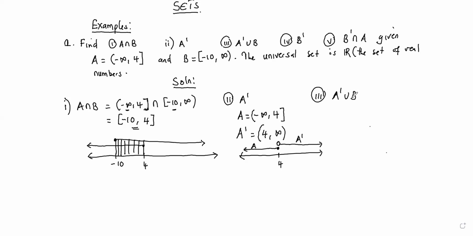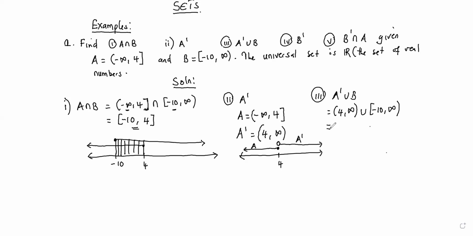So A complement has come out to be from 4 to positive infinity, union B. B is from negative 10 to positive infinity.